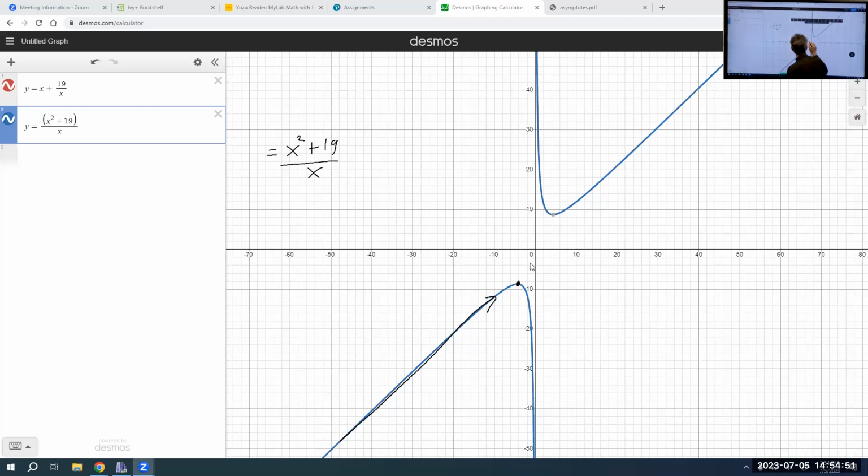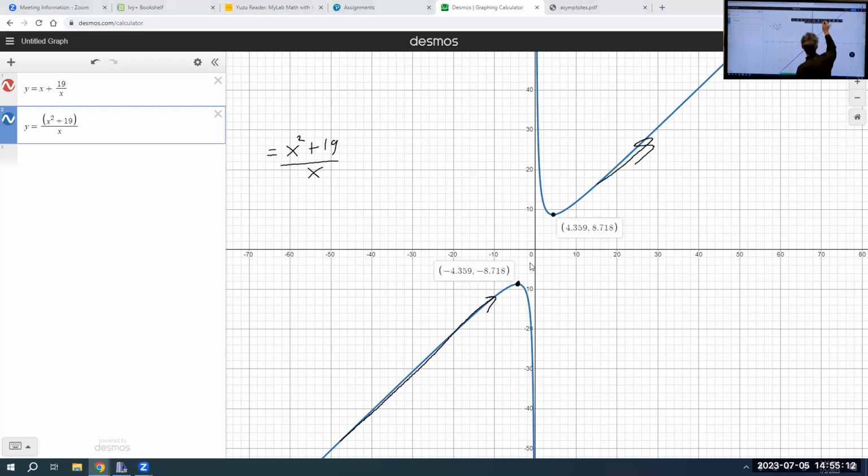What is that number? Negative 4.359. We'll have to talk about where we get that. But we see it's increasing there. Where else is it increasing? Certainly increasing over here. So from this number, I notice that's the positive version of that number.